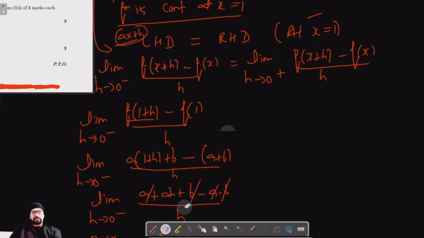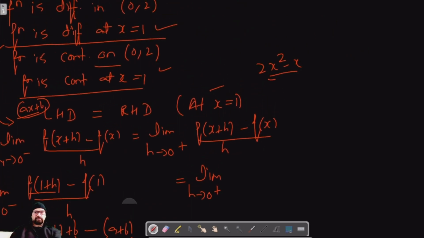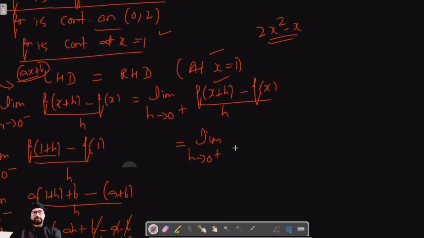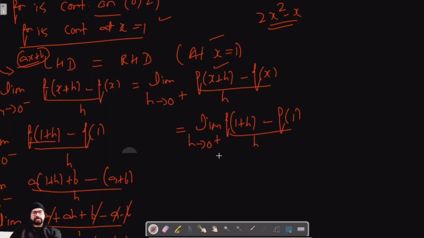Okay, now let's find out the right hand derivative. The right hand derivative is equal to limit h tends to 0 positive. For the right hand derivative, our function is 2x square minus x, and x is 1, so this is f of 1 plus h minus f of 1 upon h.